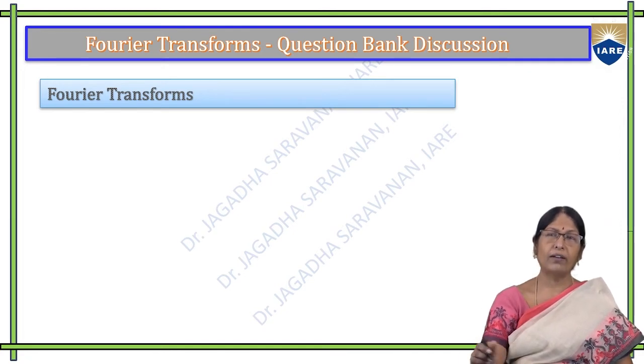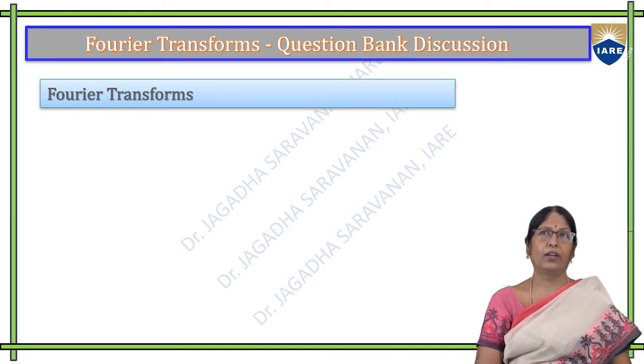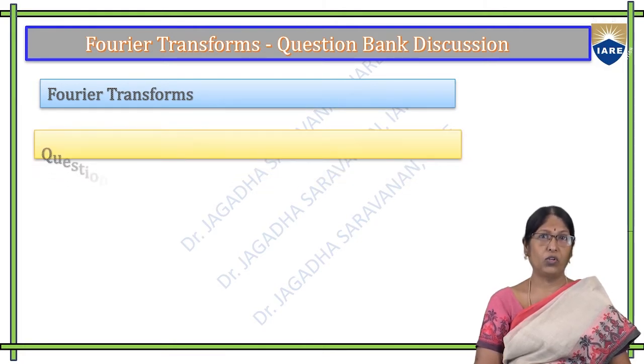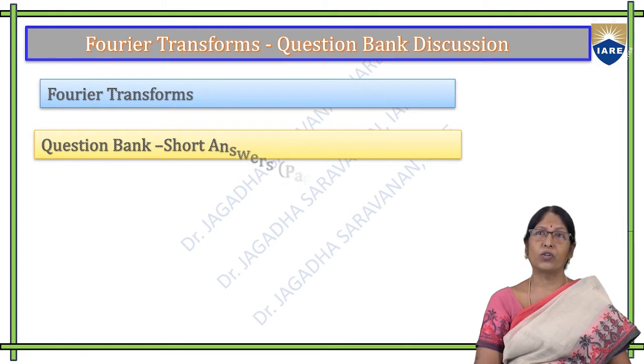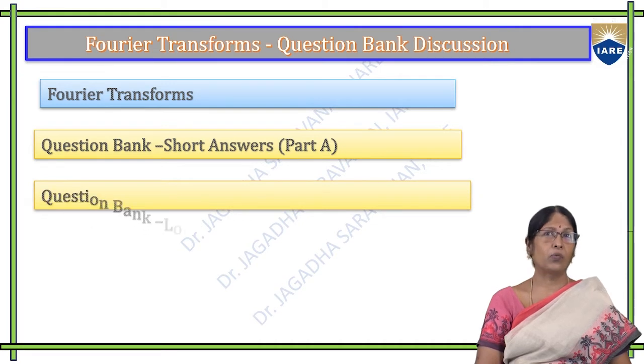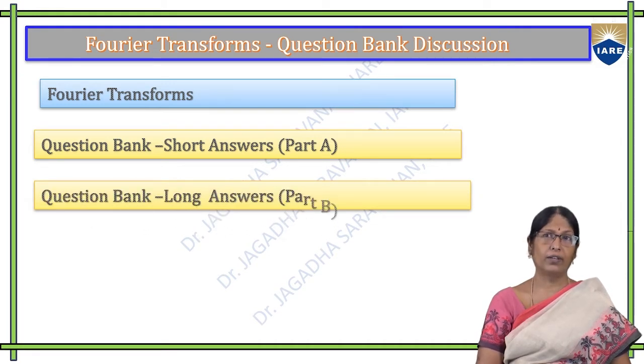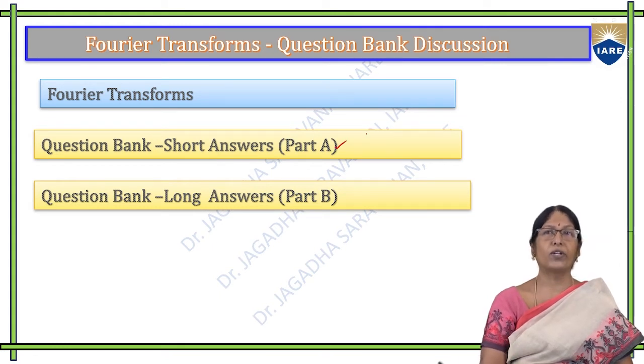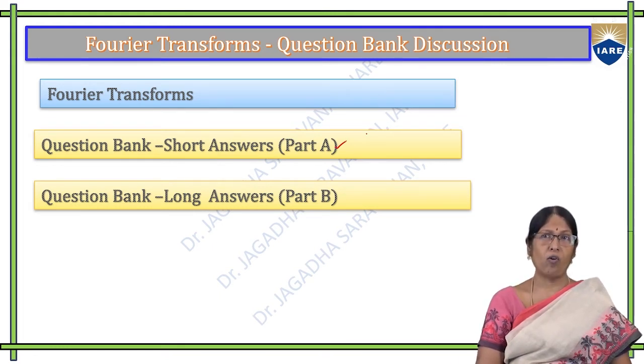The question bank is prepared in such a way that the short answers are under Part A, and the long answers are under Part B. In short answers there are 20 questions, and in long answers also 20 questions.